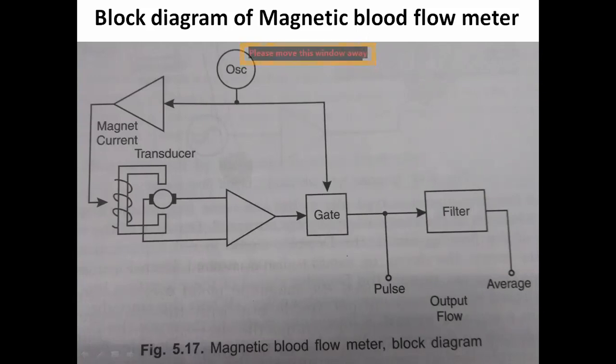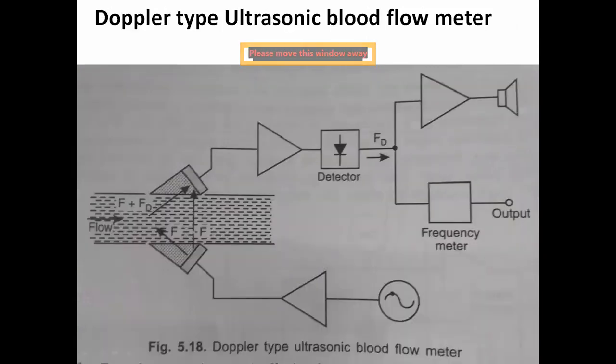Okay, so I am moving to the next one. The next one is the Doppler type of ultrasonic blood flow meter.